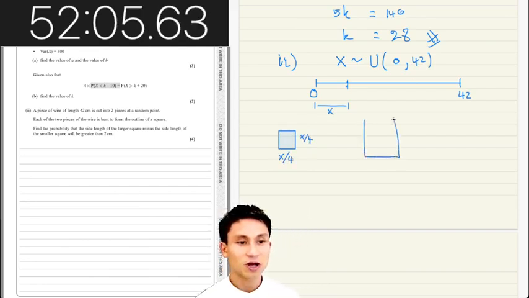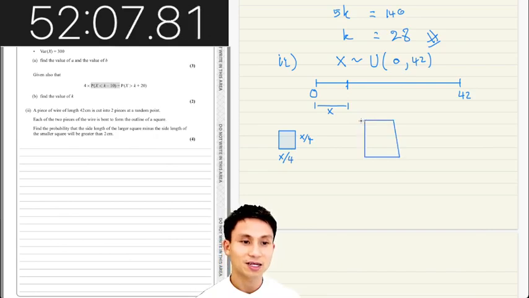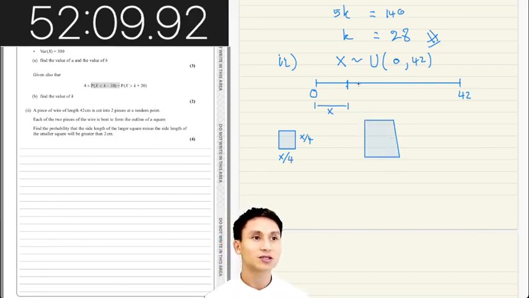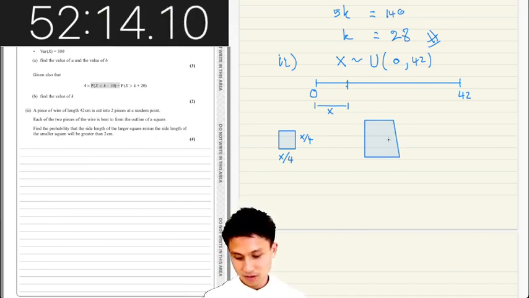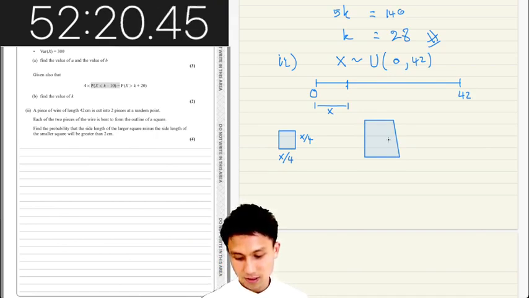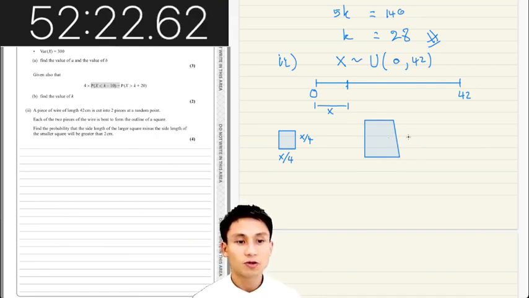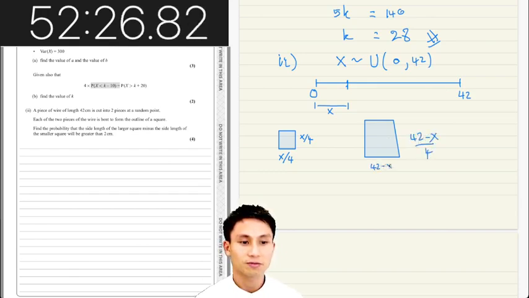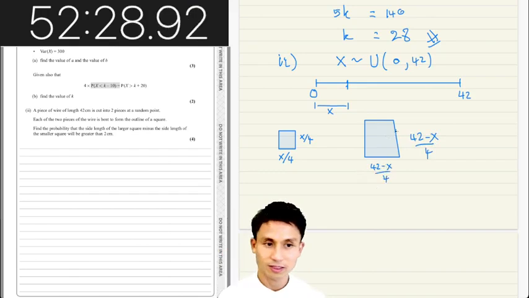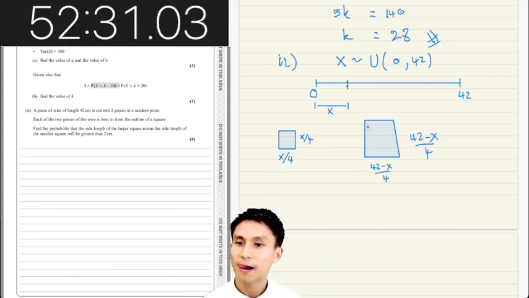A larger square would be what? If that is indeed a smaller square, a larger square would be 42 minus x, divided by 4, all of them.